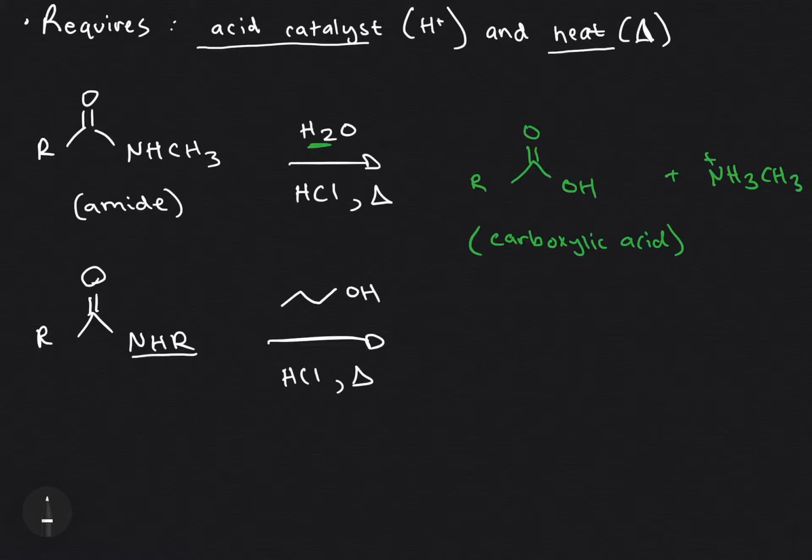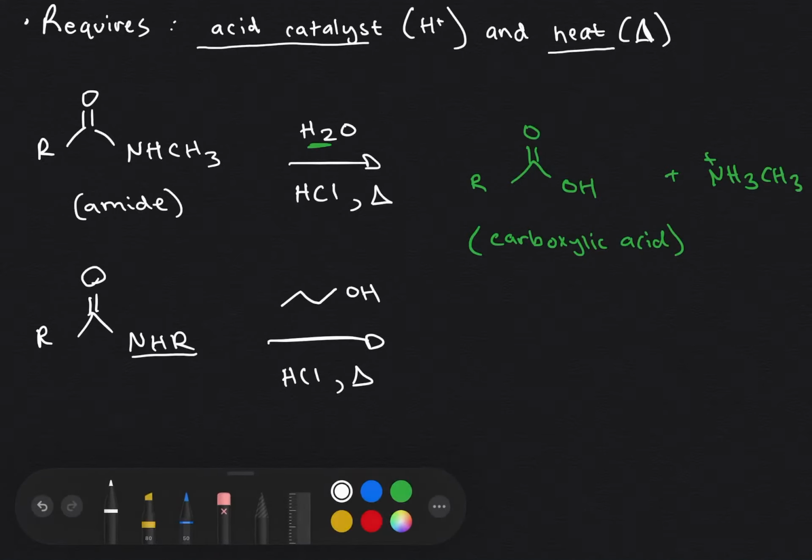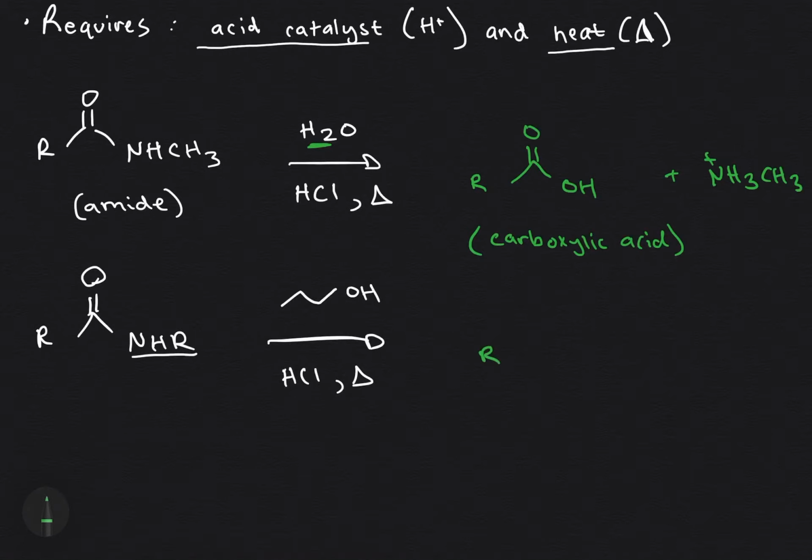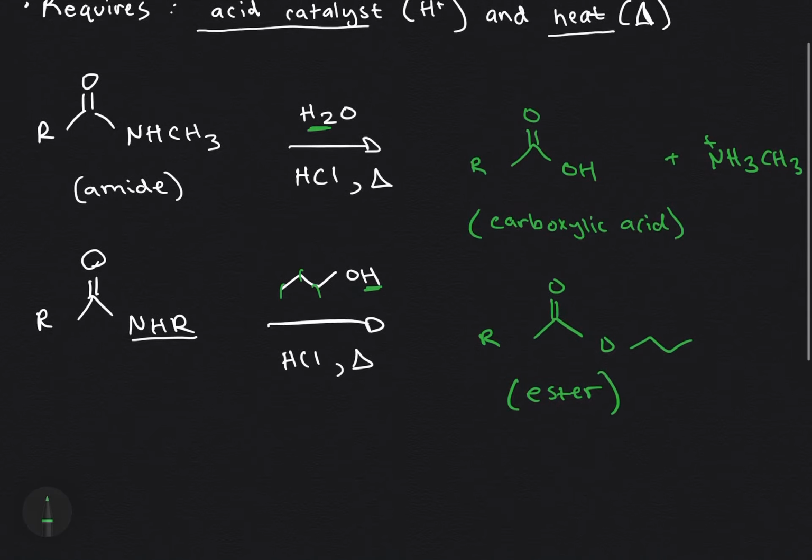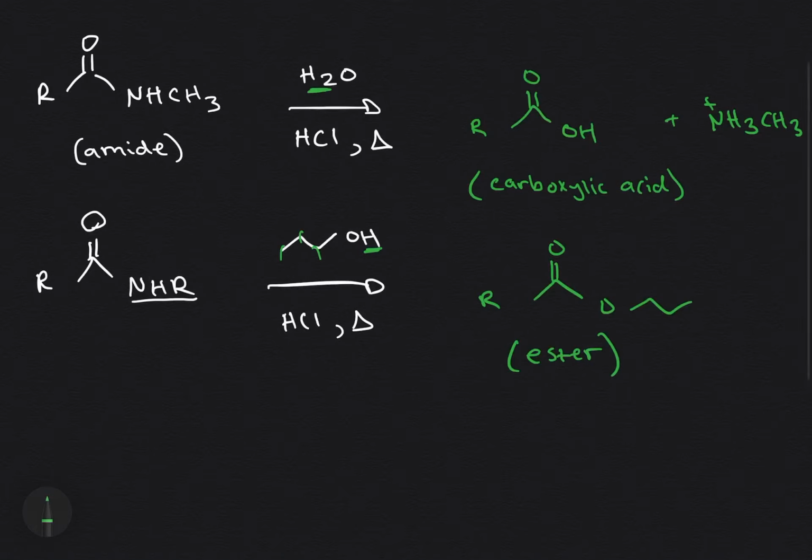Again, because this amide group is so unreactive, it needs that extra boost of acid and heat to replace it. Just by looking at it, we're going to lose this hydrogen here and add on this group. 1, 2, 3, three carbons there, and this is an ester functional group. There we go. So hopefully that's easy to visualize.